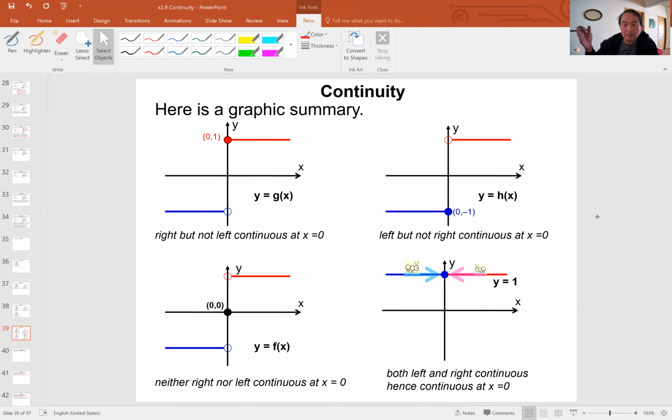Or it could be that the right limit and the left limit coincide. It's right continuous and left continuous. At the point, they both come to the same limit from left and right. In that case, we say the function is continuous. So this is the definition of what we mean by a function being continuous at a point. The left limit and the right limit are the same.